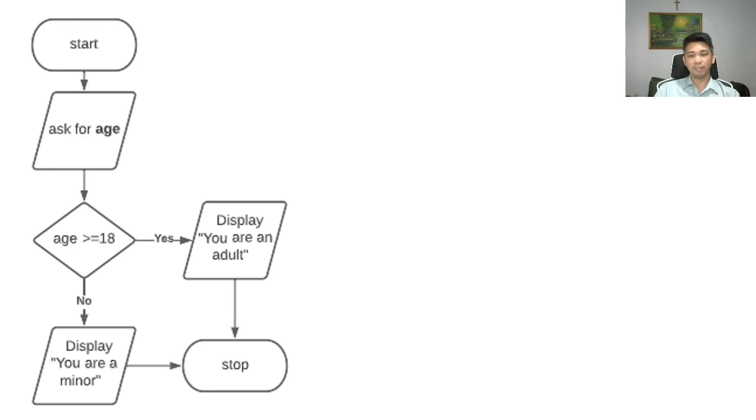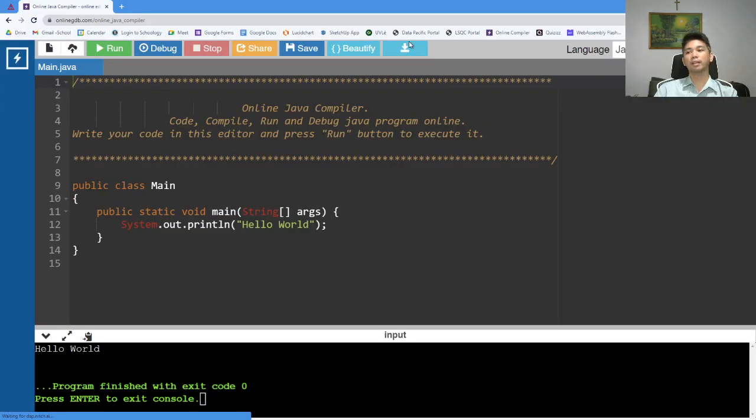Because if yes, if that is true, you need to display you are an adult. But if age greater than or equal to 18 results to false, you need to display you are a minor. So let's try doing a computer program out of that.